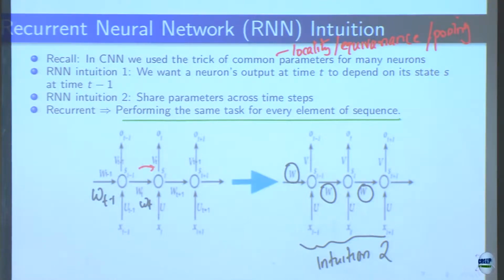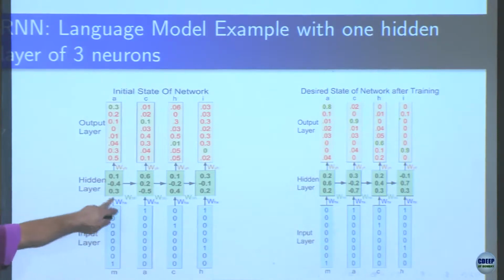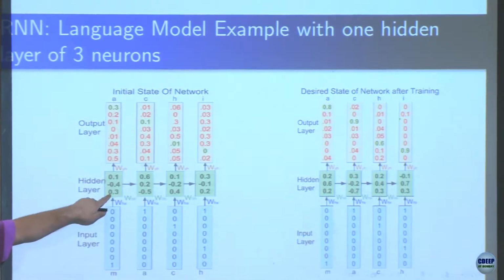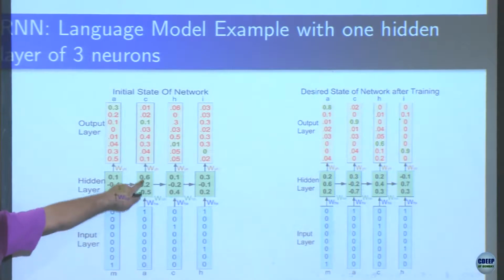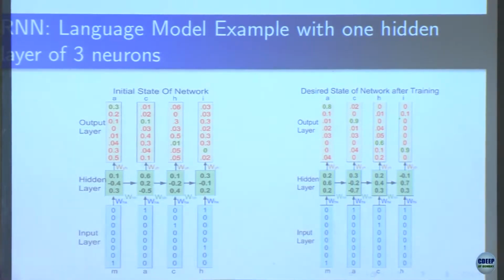Hidden states can keep changing, as we will see in the next example also. So the hidden states can keep changing. I mean hidden layer 0.1, minus 0.4, 0.3, 0.6, 0.2, minus 0.5. The values of the hidden state can change, but the underlying mechanism that governs the change remains the same.